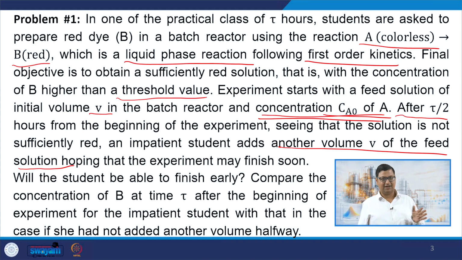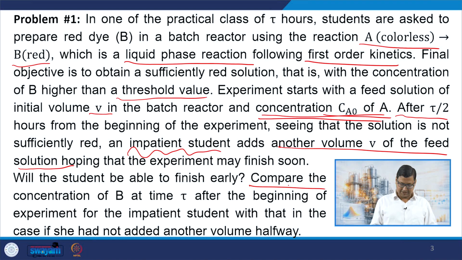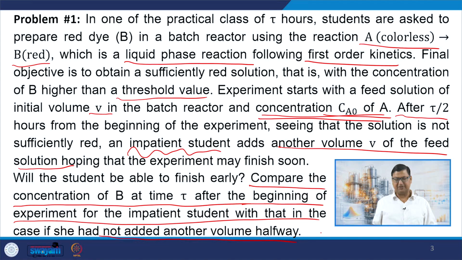So, let us take two situations. One is a patient student who continues doing the same thing for tau hours, and then there is an impatient student who adds another volume V of feed solution after half the time. So, we need to compare the concentrations of B that we obtain at time tau after the beginning of the experiment for both these cases, impatient and patient.